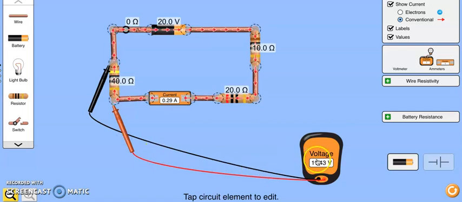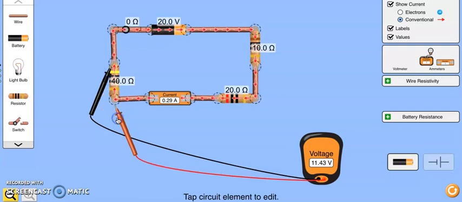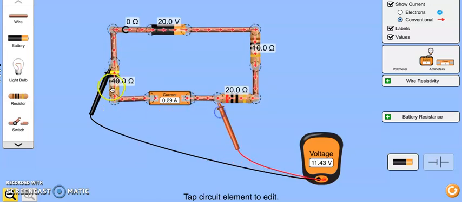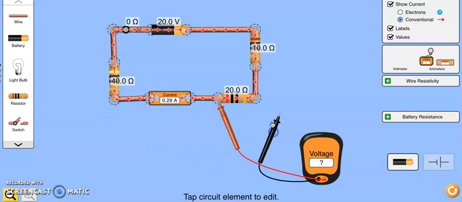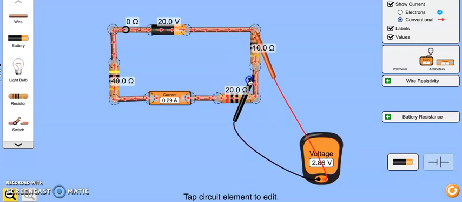So if I take 11.5, add it to the 8.5, I get 20. So what I want you to see here, even if the numbers are a little bit unfriendly, is the drop in potential across the 40 ohms plus the drop in potential across the 20 ohm plus the drop in potential across the 10 ohm adds up to the total drop.